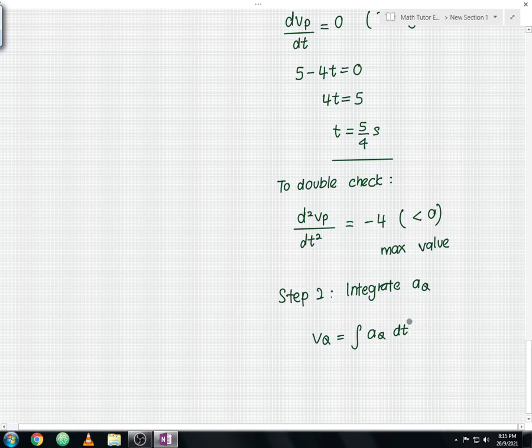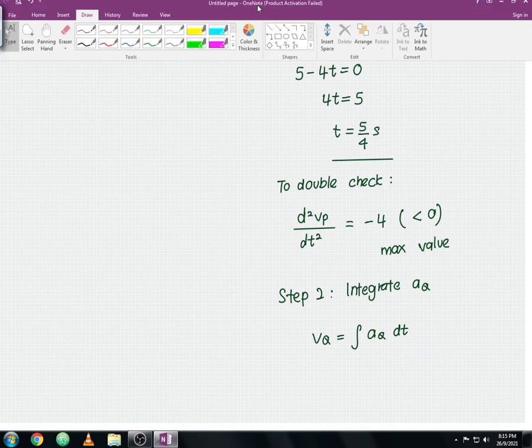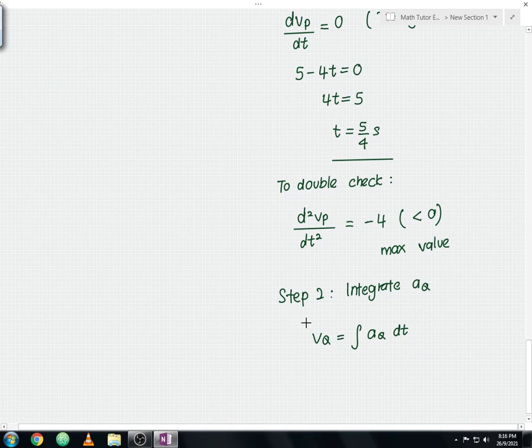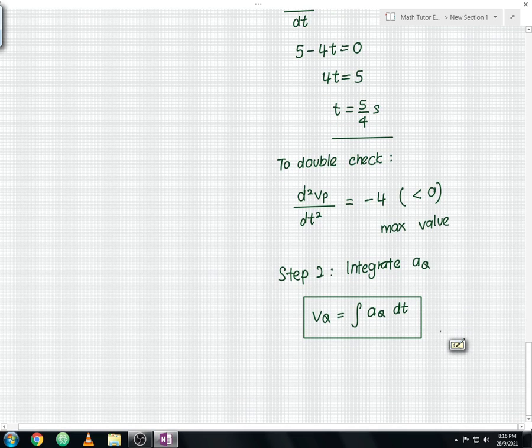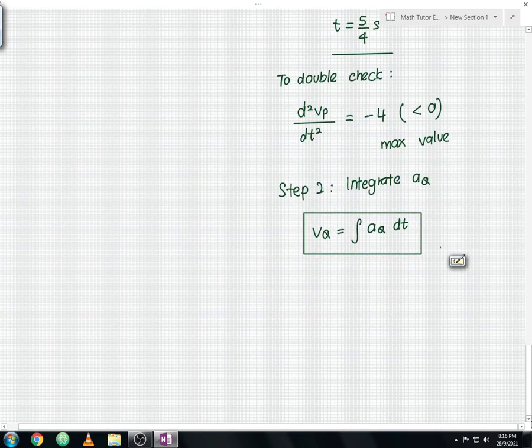Let me box this relation. So from here, velocity Q is equals to the integral of acceleration Q. In this case, acceleration Q is 4t minus 4 with respect to dt. So you perform this integration.